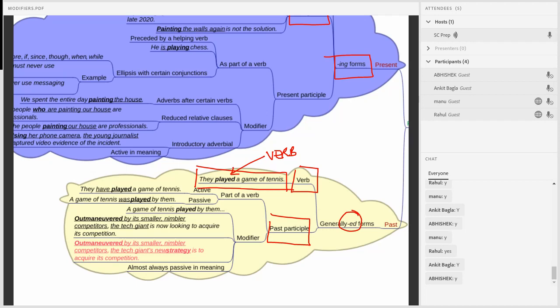Sounds like a sentence, so it must have a subject and verb. Played is a verb over here. Also in brackets, I'll just write down active voice. Now let's take a look at the next example. They have played a game of tennis. Now let me ask you, what is the verb in the next sentence? They have played a game of tennis.